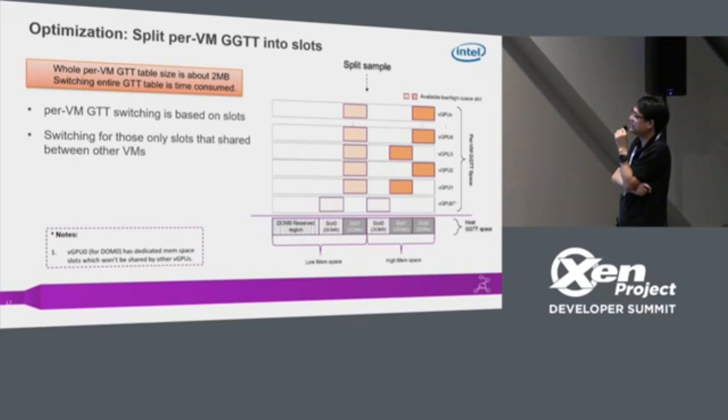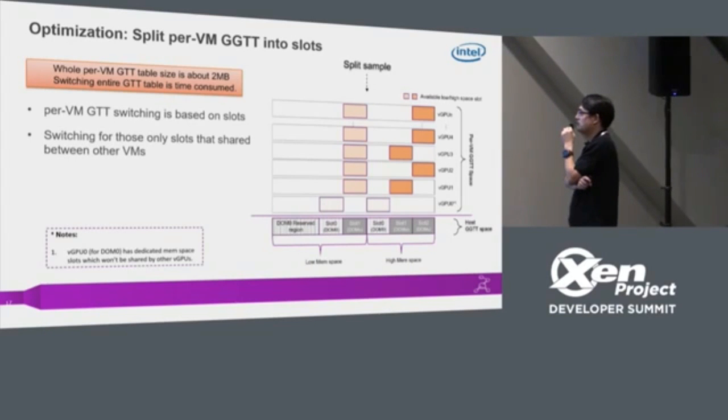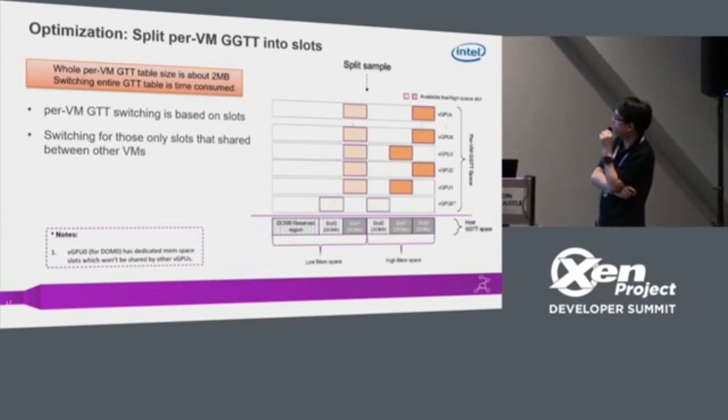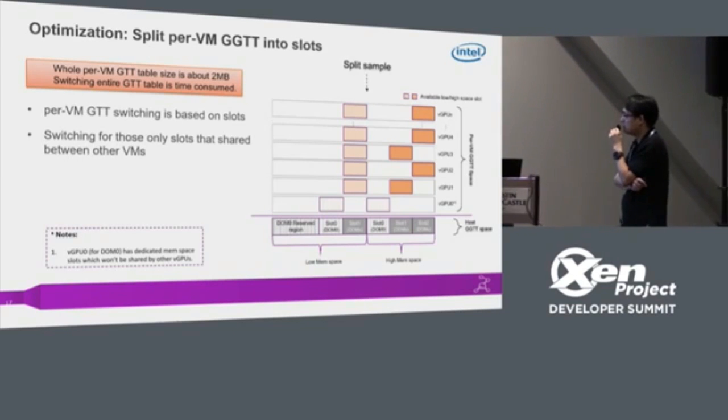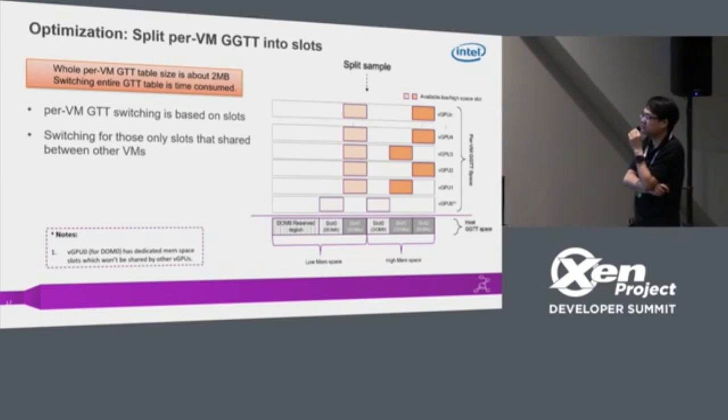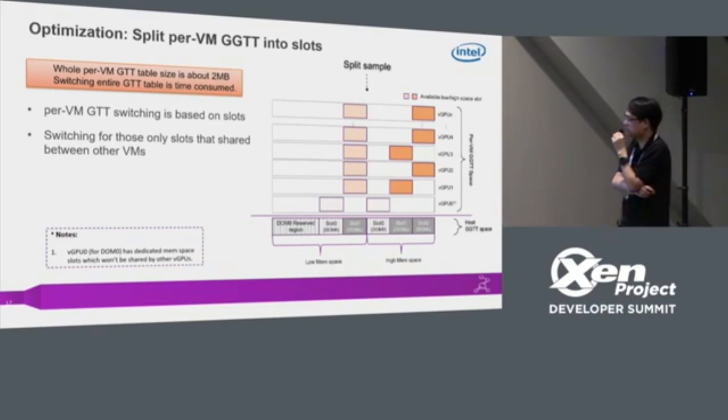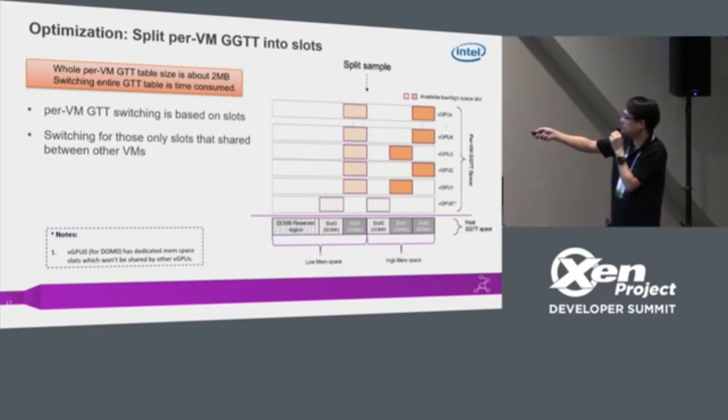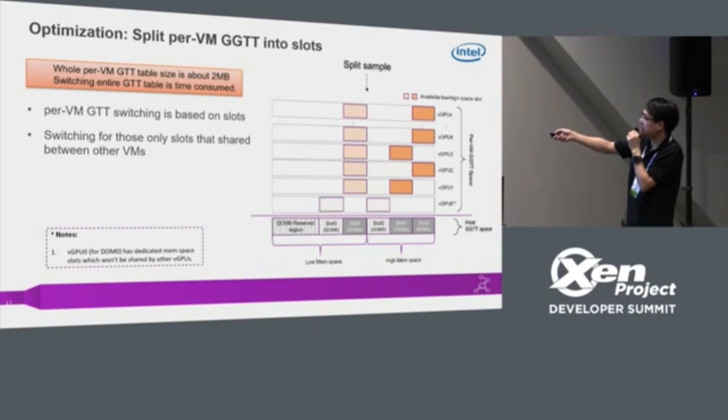So as our optimization, we will split the global page tables into several slots, because the guest will not use the whole range of its global graphics range. For example, VM1 and VM3 share slot 1 in the low memory space and share slot 1 in the high memory space.